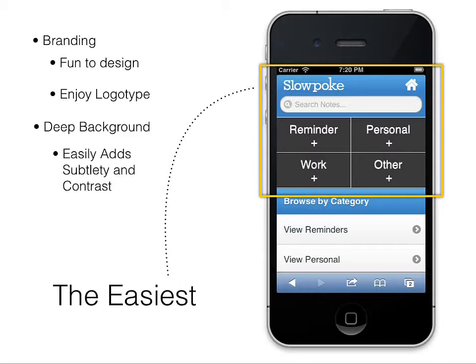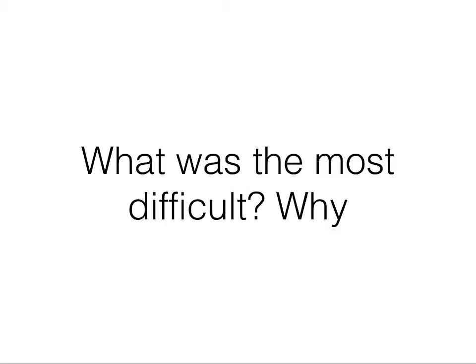And so I say here that it was fun to design and that I enjoy logo type, which is one of the things I also carried from mobile design and development, was how to manipulate type. And so I'd say those were the easiest things for me.